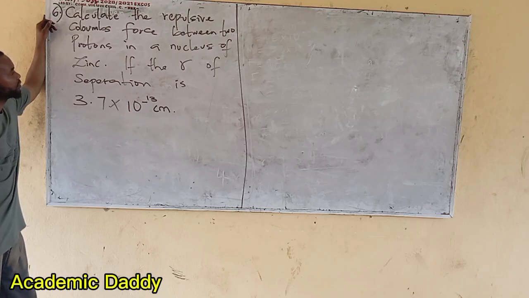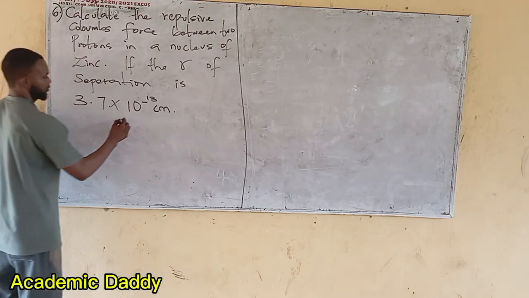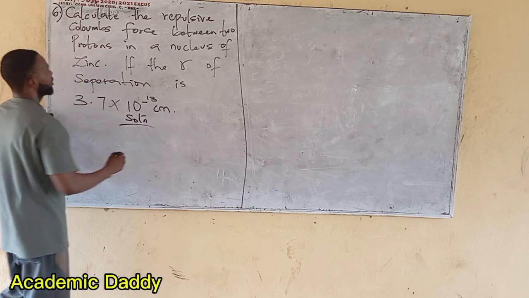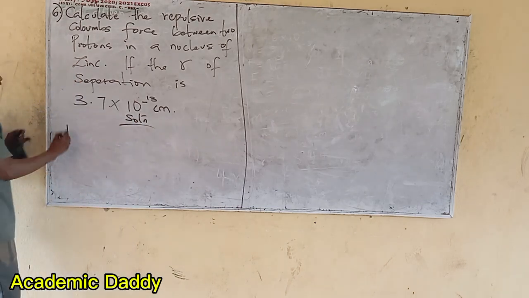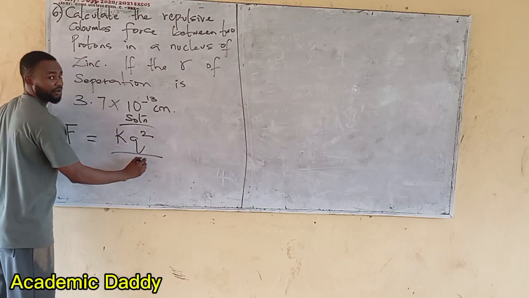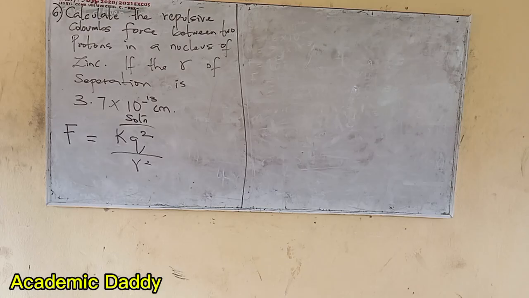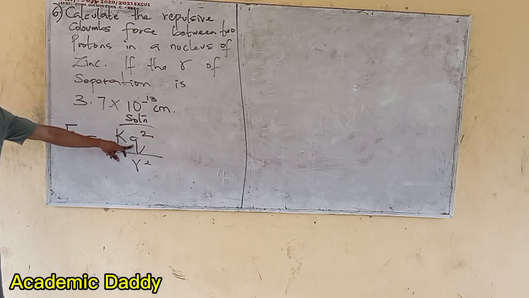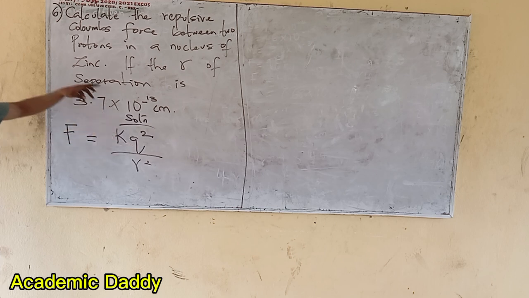Okay, so what I'm using is simply F equals KQ squared over r squared. Notice they're talking about protons, and they did not tell me that one proton is different from the other. So I'm using KQ squared, not Q1 or Q2, no test charge, no source charge. They are all source charges. The radius of separation is given, so this is what I'm using.